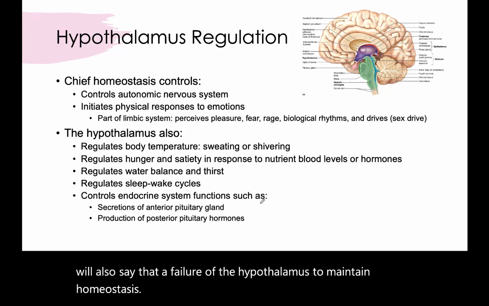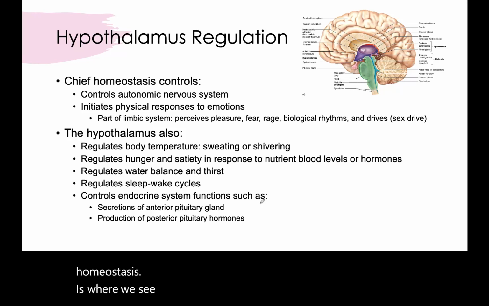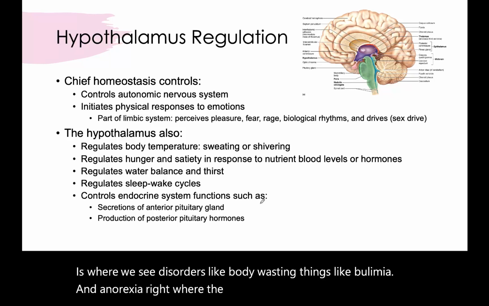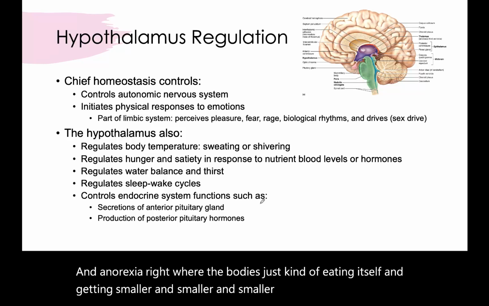is where we see disorders like body wasting, right? Things like bulimia and anorexia, right? Where the body's just kind of eating itself and getting smaller and smaller and smaller. That's a loss of homeostatic regulation within the hypothalamus.